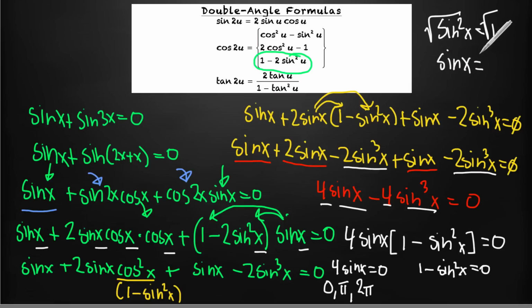Don't forget, anytime you take the square root, you need plus or minus on your answer. So now you think, where on the unit circle is the sine or the y value 1 or negative 1? Well, that's going to be north, call that pi over 2, and south, 3 pi over 2. And so you see here that this one has 5 solutions to it.